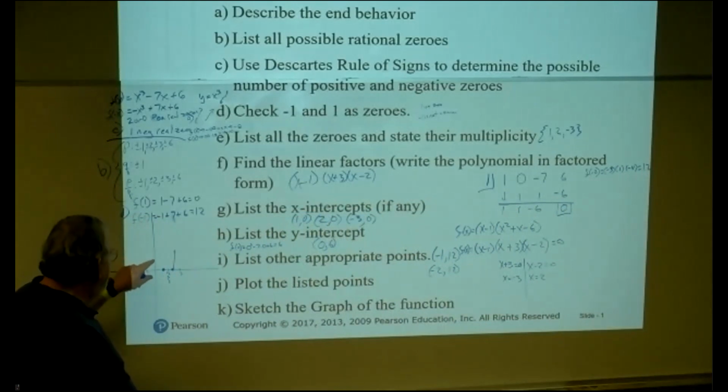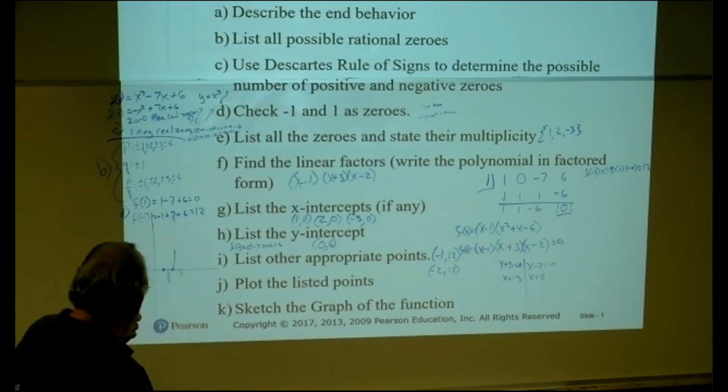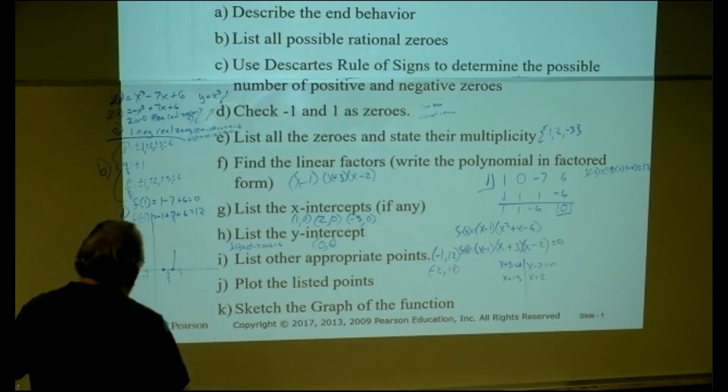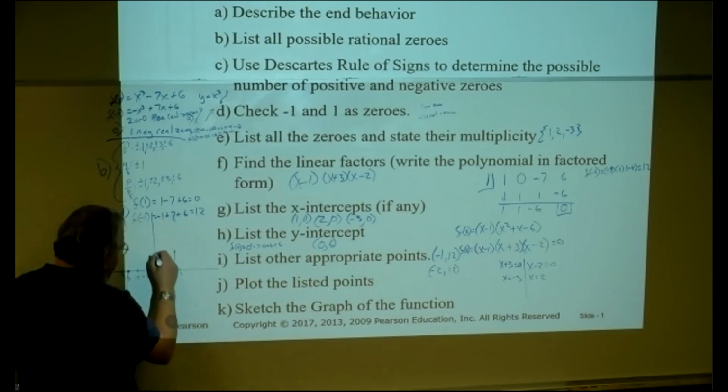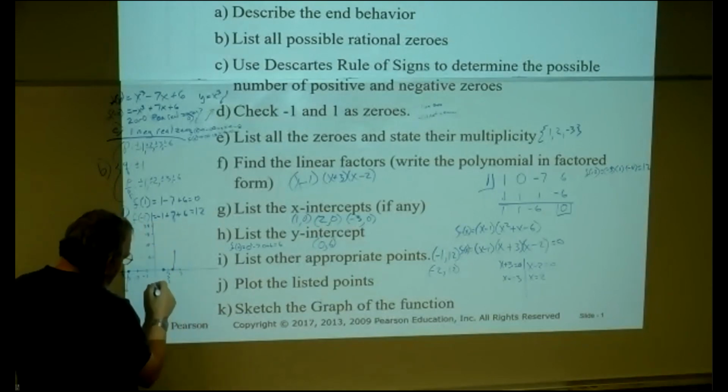And then at 0, it's going to be at 6. So, yeah, okay. If I have this be 6 and this be 12 and this be 18, so this will be 24.